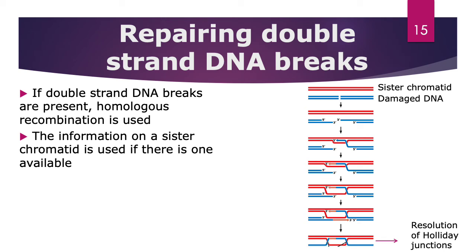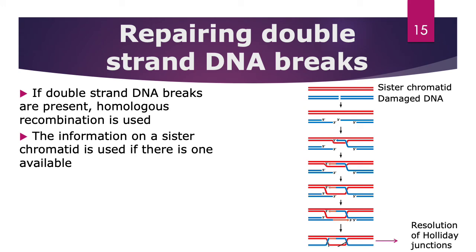If double strand DNA breaks are present, then the preferred choice of repair is homologous recombination. This homologous recombination is similar to the mechanism of homologous recombination that we learned during the DNA recombination section a few chapters ago. The difference in this case is that the recombination is not occurring during meiosis.